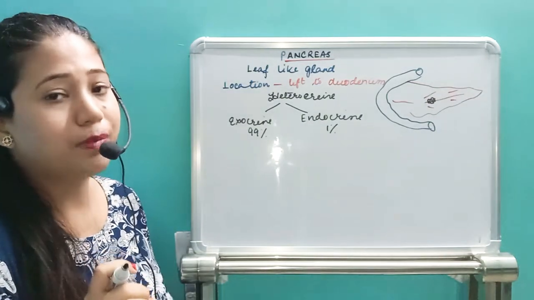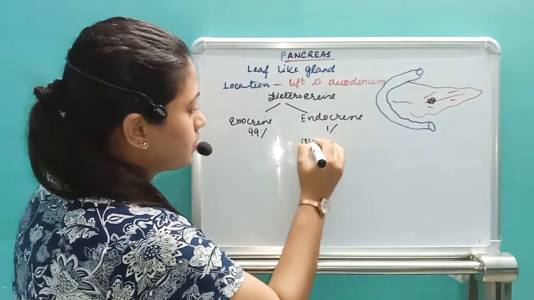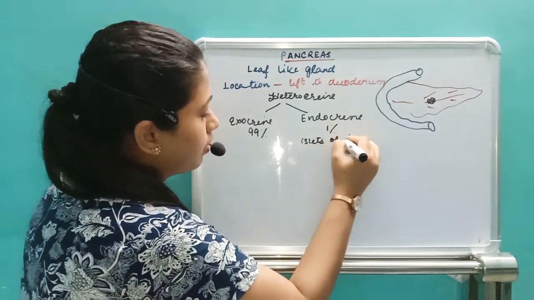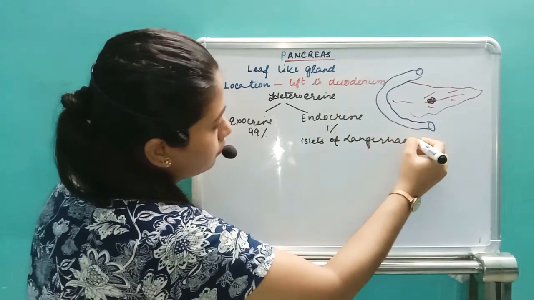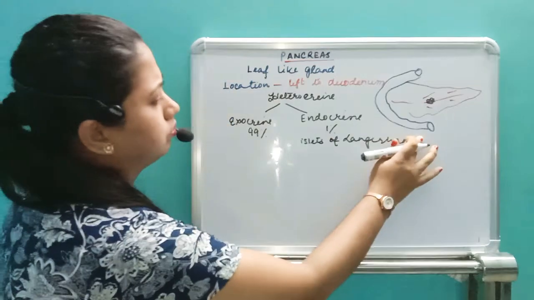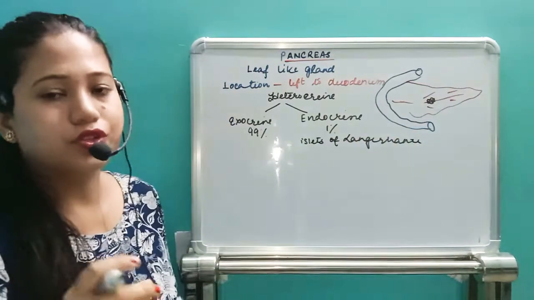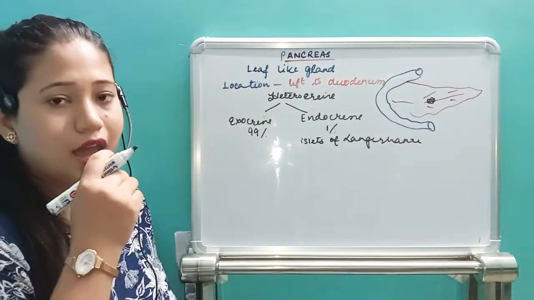What is that? That is the endocrine part of the pancreas. What is the endocrine part of the pancreas called? This is called the islets of Langerhans. So just 1% of the whole pancreas is the endocrine part.